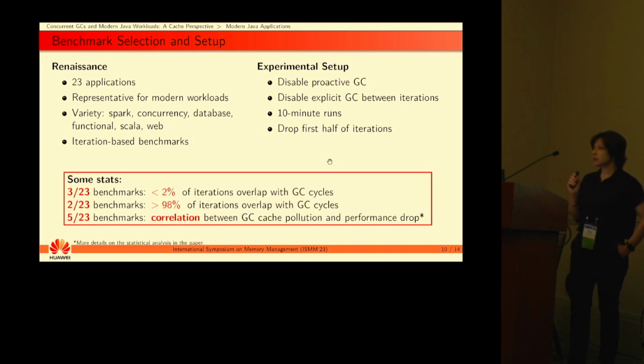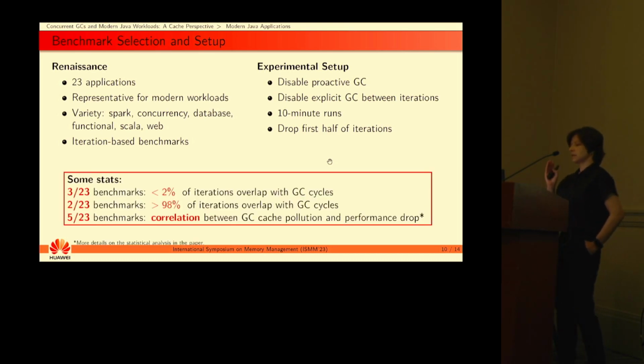Some interesting observations that we made: some benchmarks had either too few or too many GC iterations after running this experiment. These can be taken with a grain of salt, because there are not enough samples in the distributions.